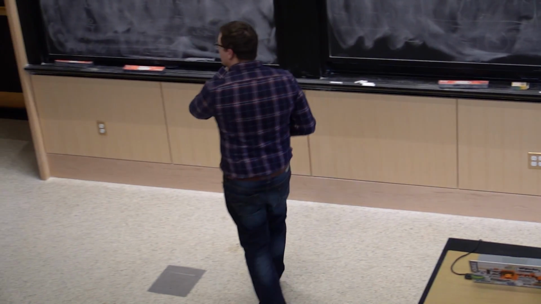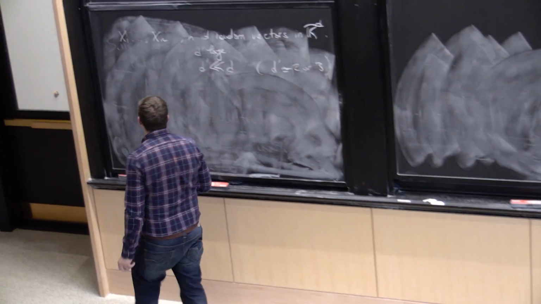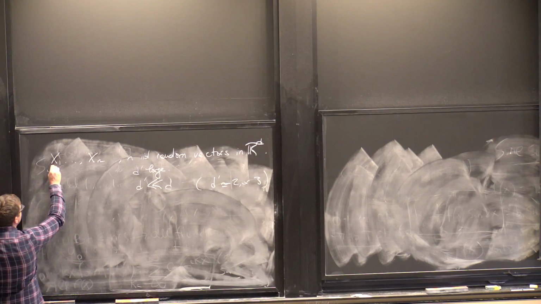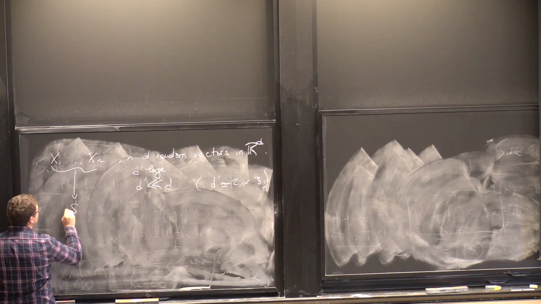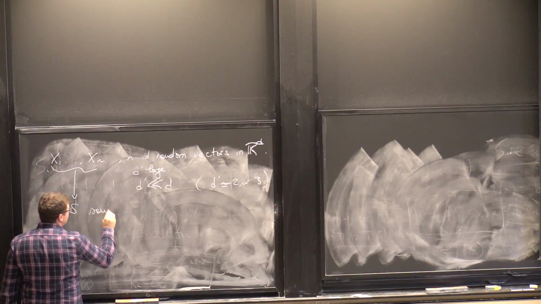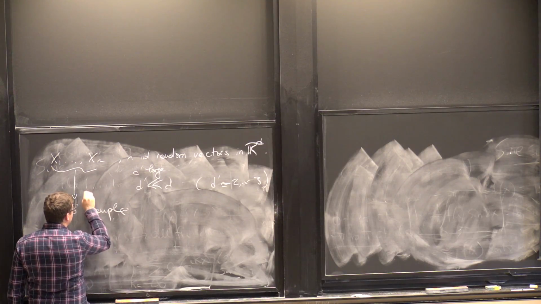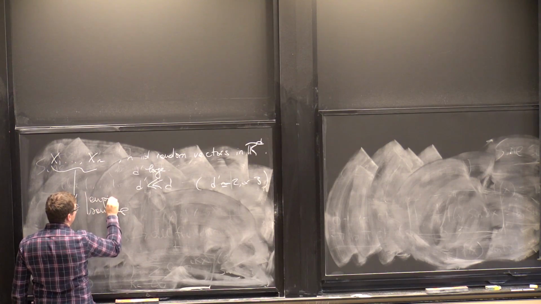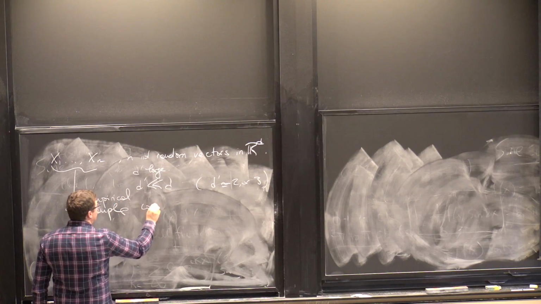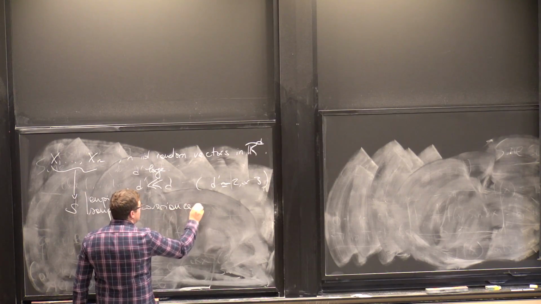All right, so how do we do this? Well, the way we do this is as follows. Remember, given those vectors, we can form something called S, which is the sample or empirical covariance matrix.